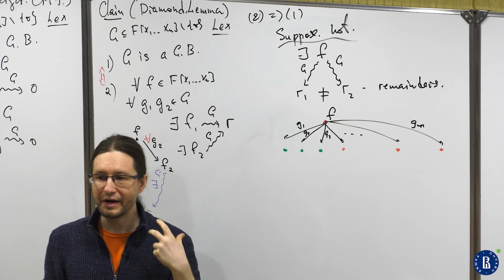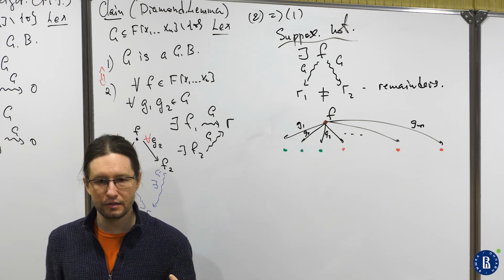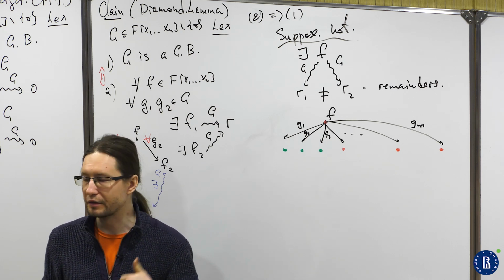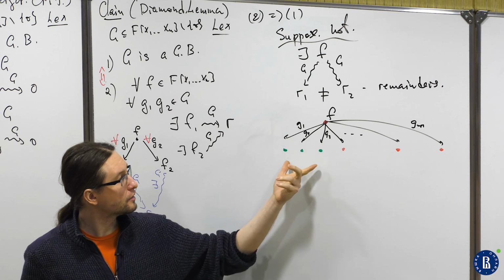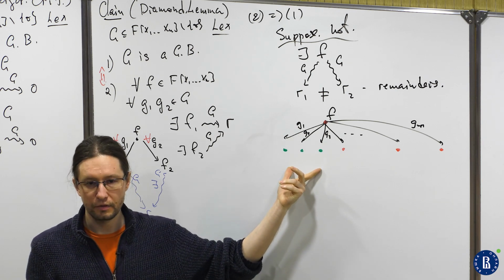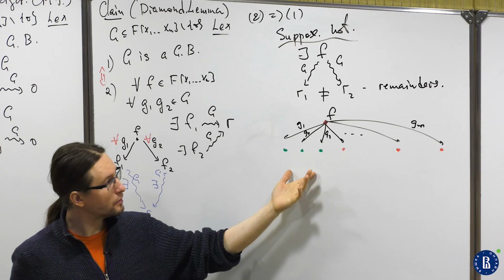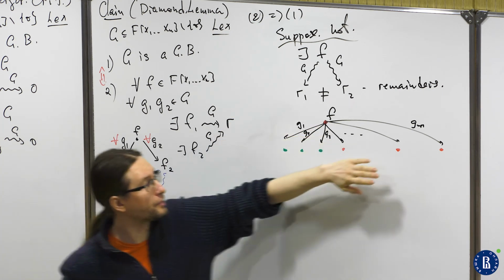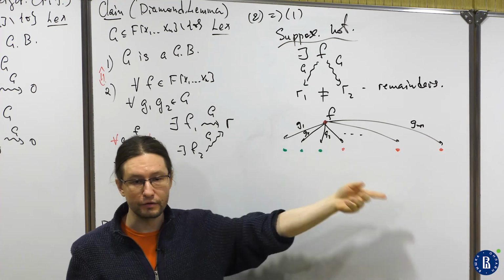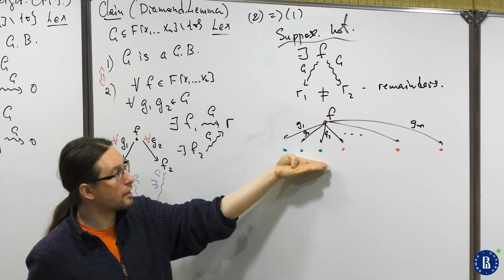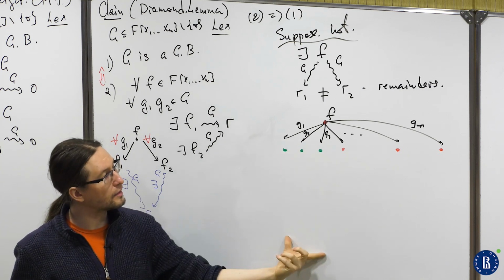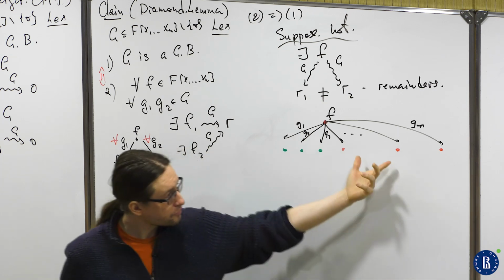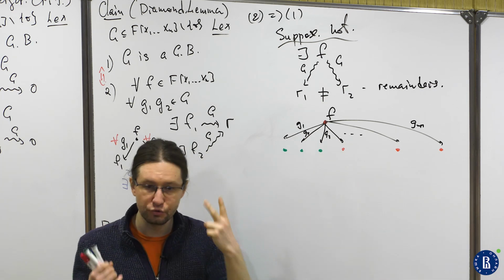The polynomial will be red if it has at least two different remainders, and the polynomial will be green if it has a unique remainder. So it may happen that all the reductions of f are red, or they are all green, or you have green and red ones. The green are good guys, which have only one remainder, and the red are bad, and they have at least two different remainders.